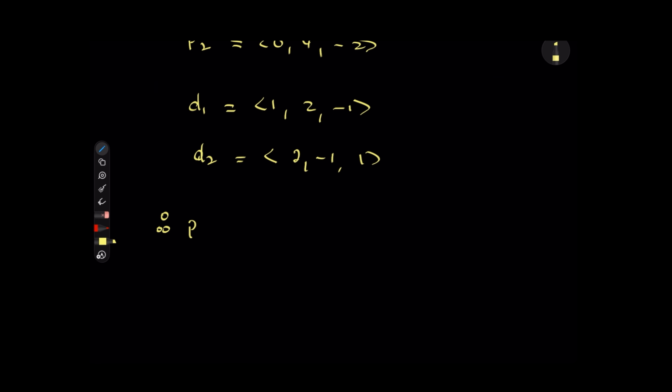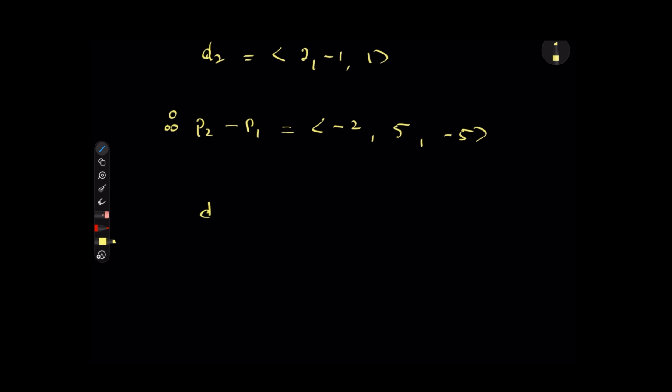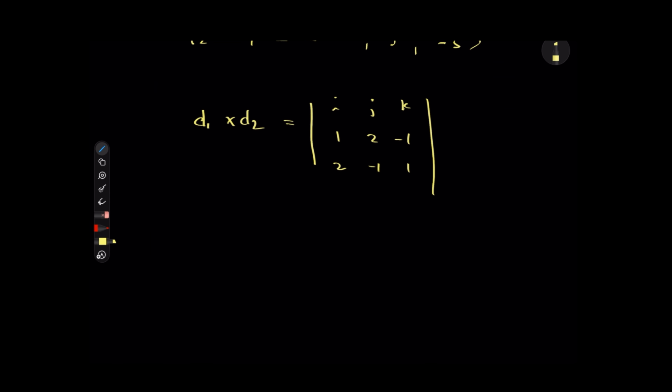Okay, so P2 minus P1 is equal to, so we have 2, nothing minus, so we'll have negative 2. We will have 5, and then we will have negative 5. Okay, and what about D1 cross D2? D1 cross D2 is equal to i, j, k, with rows 1, 2, negative 1 and 2, negative 1, 1. So our i component is equal to 2 minus 1, that's 1.